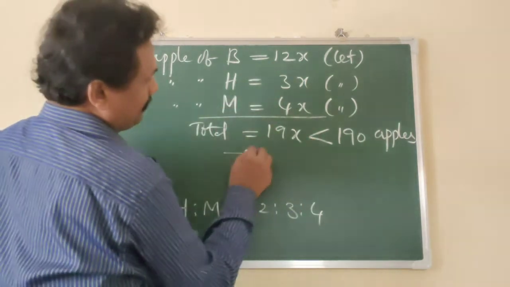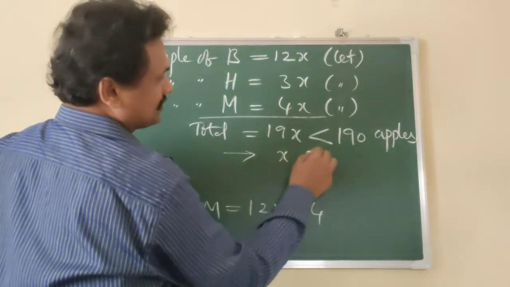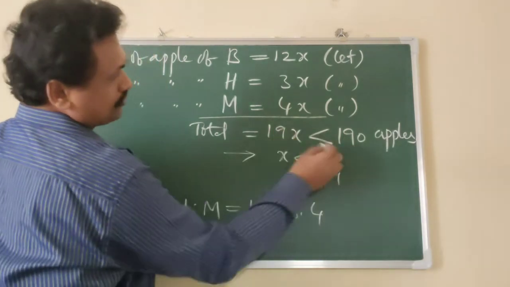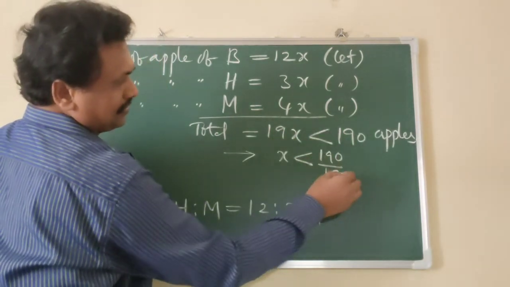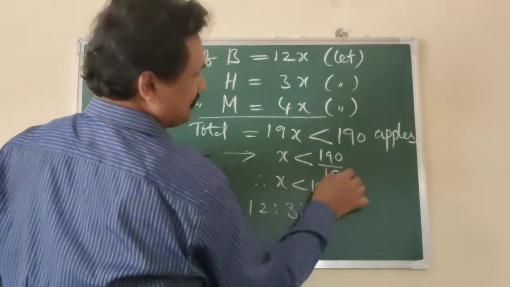Observe here, now 19x is less than 190, then x is less than 190 by 19. Both are positive, so there is no change in the less-than symbol. Therefore we get x less than 10, since 19 tens are 190.